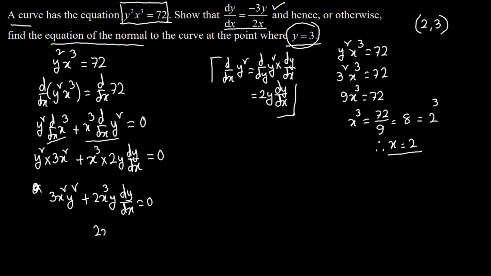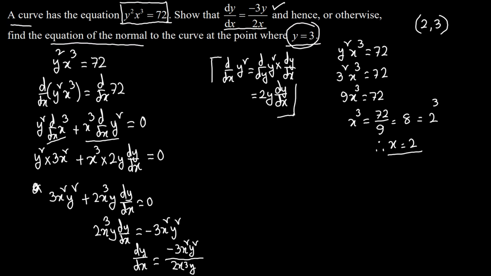Let me make dy/dx the subject. Then we can write 3x²y² on the right side as minus 3x²y². So dy/dx is minus 3x²y² on the top, and the bottom is 2x³y.